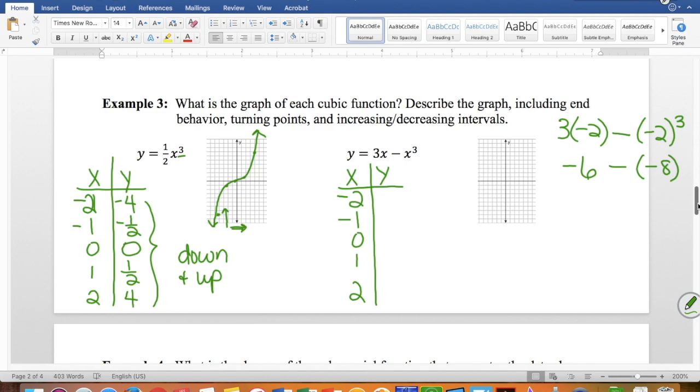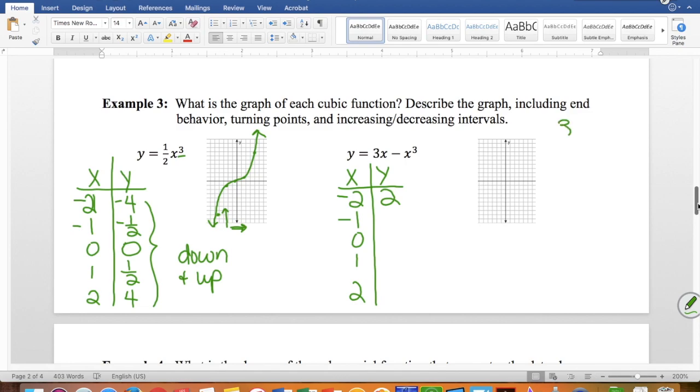Remember, don't eliminate minus signs until you have actually looked. So negative 6 minus a negative 8 becomes negative 6 plus 8, which equals a positive 2. So when x is negative 2, y is positive 2. All right, let's do that again with a 1.